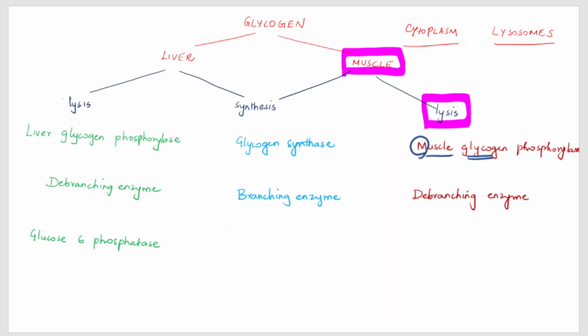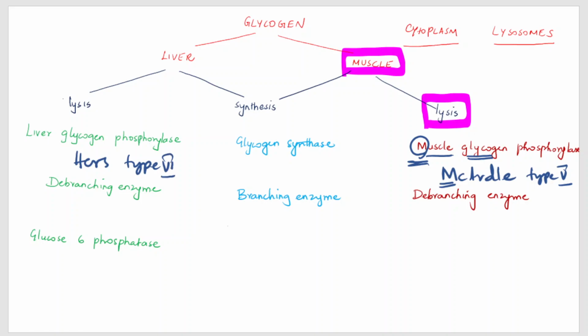Deficiency of muscle glycogen phosphorylase can lead to McArdle's disease. M for M. McArdle's disease is type 5. Deficiency of liver glycogen phosphorylase can lead to Hers disease, which is type 6.